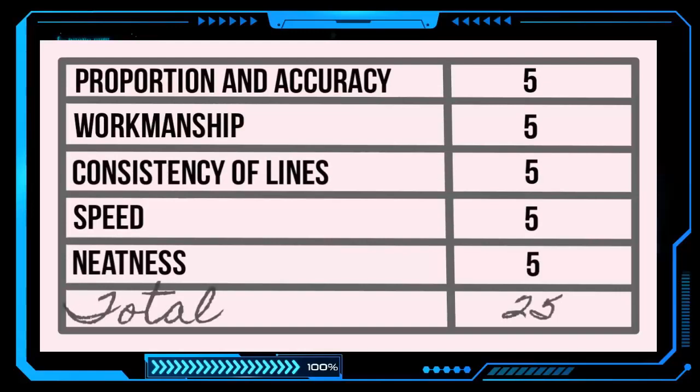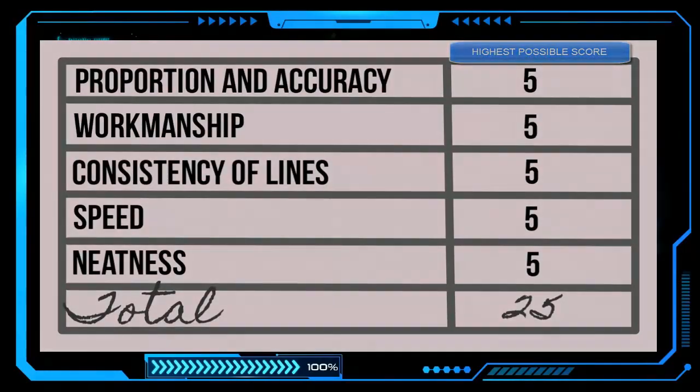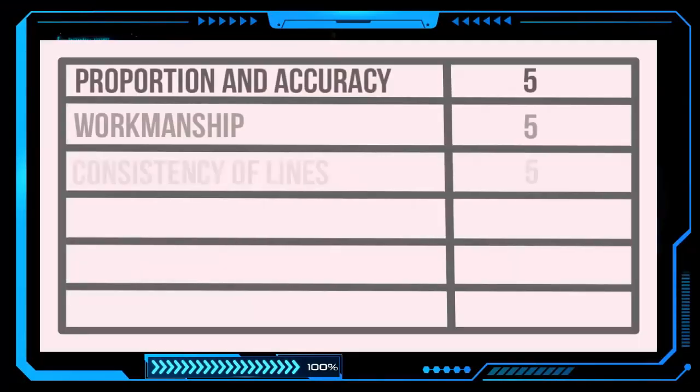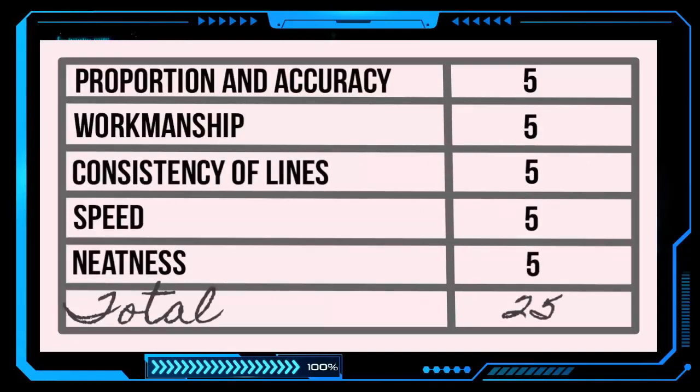Each criteria will be graded according to these numerical descriptors, 5 points being the highest and 1 point being the lowest. All values will be added to get the overall score.